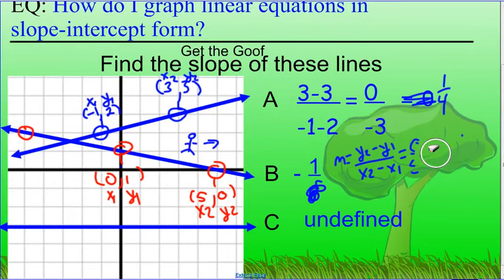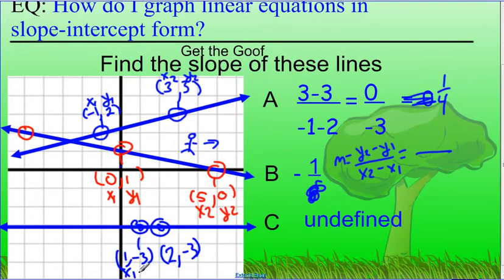And letter C, the answer we have is undefined. Let's see. Find 2 points. Well, there's one, so I'll use those two. This is 1, -1, -2, -3. And this is 2, -3. x1, y1, x2, y2.